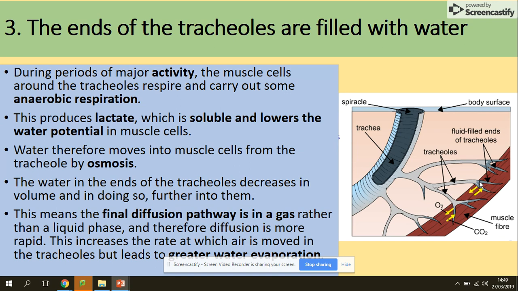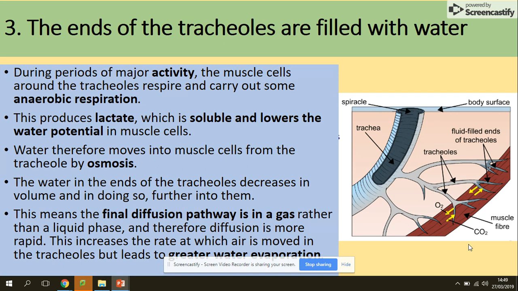This is soluble and will lower the water potential in the muscle cell, in the respiring cell. So why do we have water at the ends? Well, the water can move through osmosis from the ends to the respiring cells to deal with this low water potential.